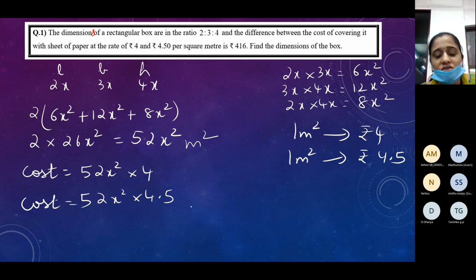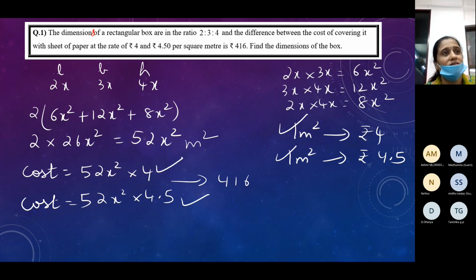Is this understood, children? If you buy this one, it is 52x square into 4 rupees. If you buy this one, it is 52x square into 4.5 rupees. So there's a difference in price, no? That difference is 416. If you go with this one, you will pay less; with this one, you will pay more.